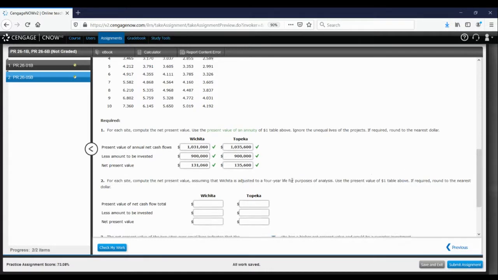All right, so it looks like Topeka is the better investment if you ignore the unequal lives of the projects.